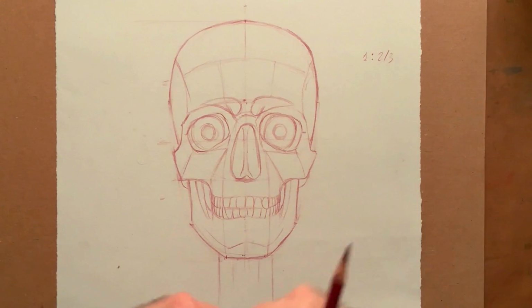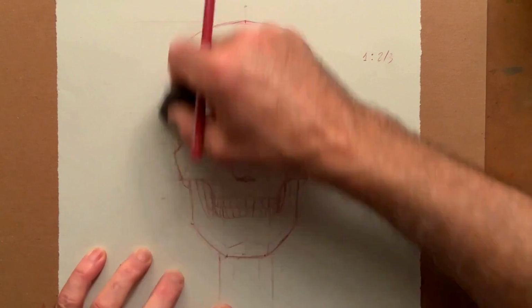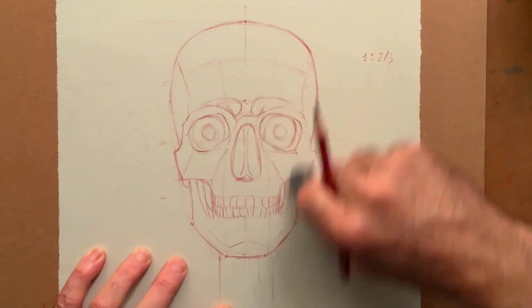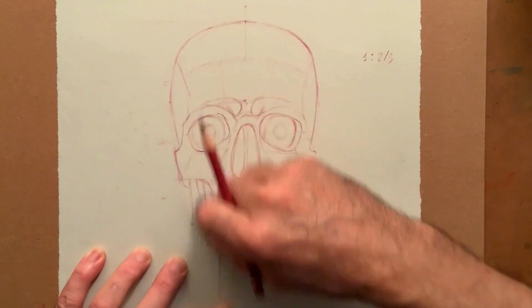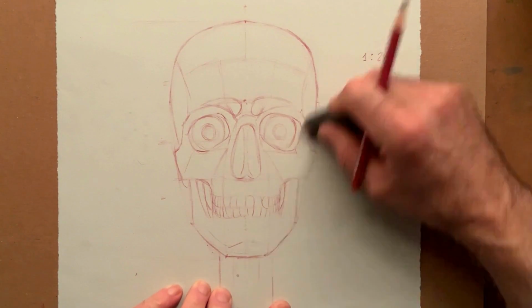Okay, so let's keep working on this a little bit, right? So I'm gonna clean it up a little bit, and then we are going to make it a little bit at a time more organic, right? Now it's still semi-schematic, as I say.